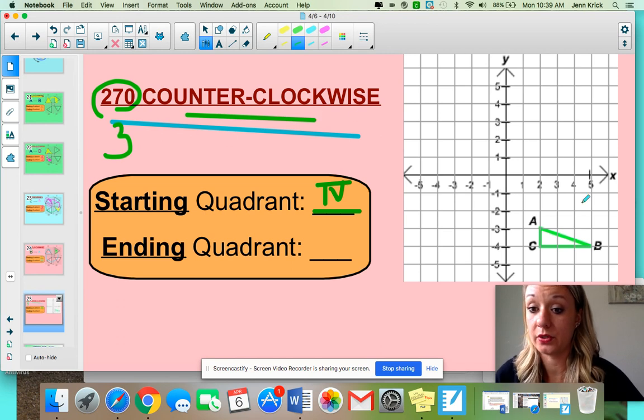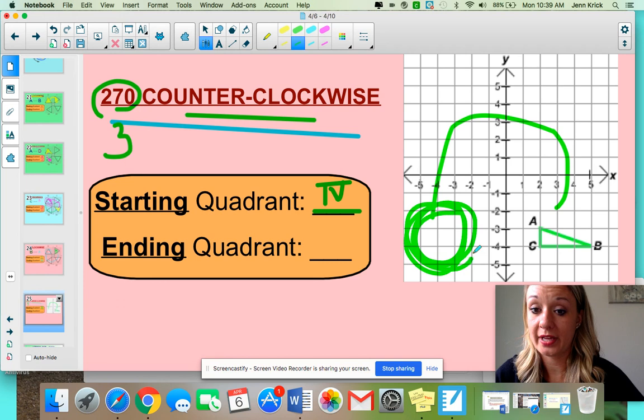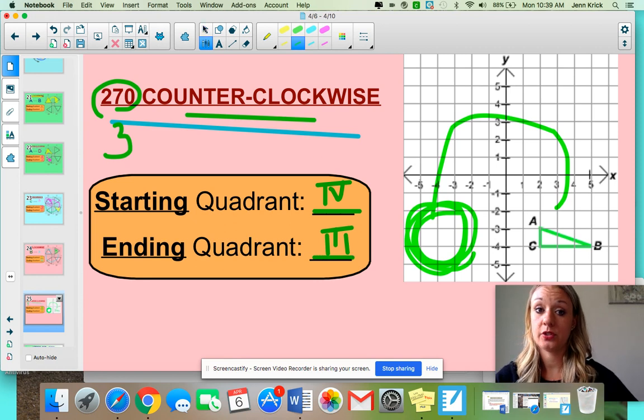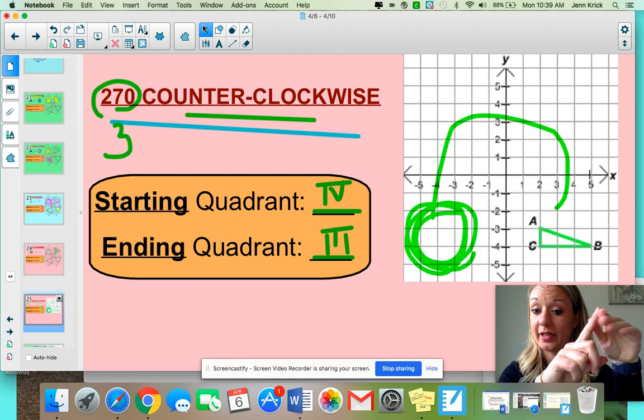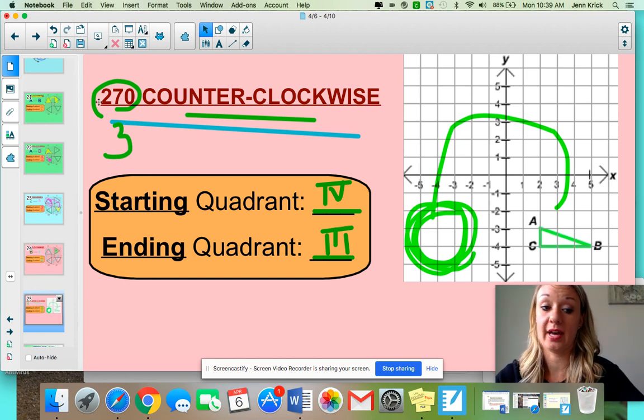So here's what I would do. I know I'm going 3 times in the opposite direction. So I go once, twice, 3 times. So your triangle would end here in quadrant 3. And that's really the basics of rotations, you guys. You just ask yourself, okay, how many turns do I have? And am I going clockwise or am I going counterclockwise?